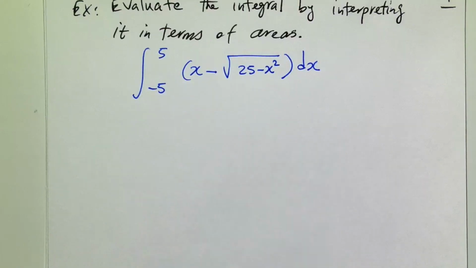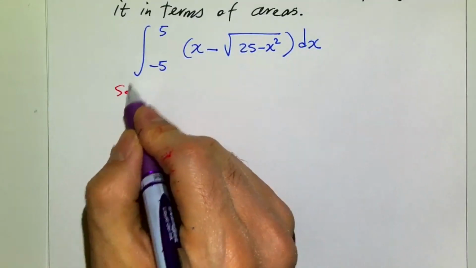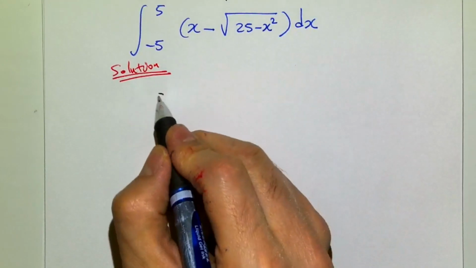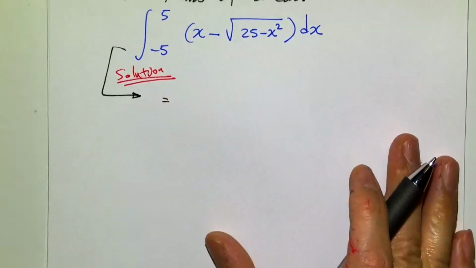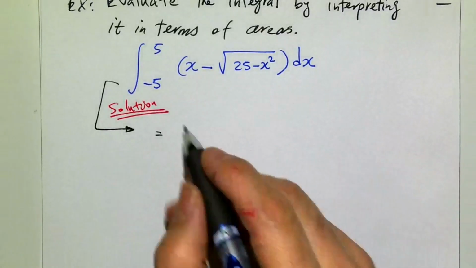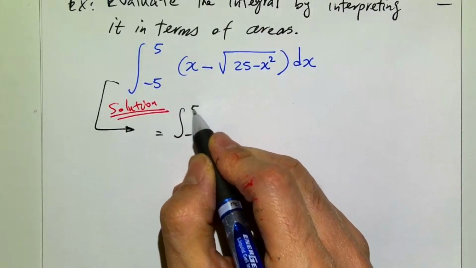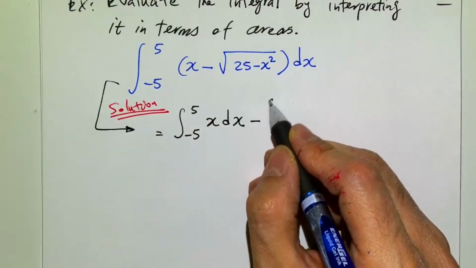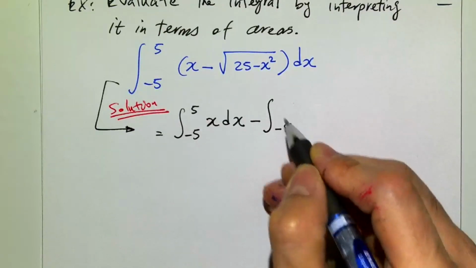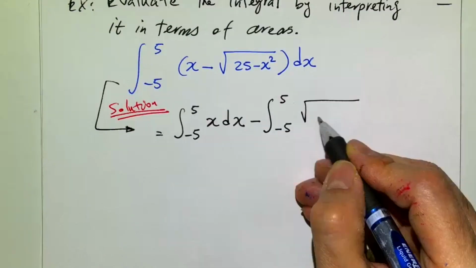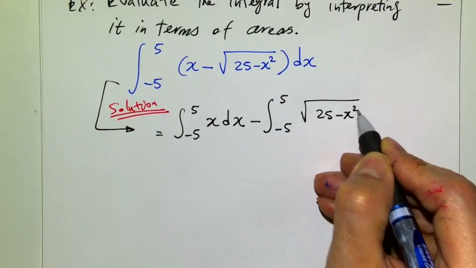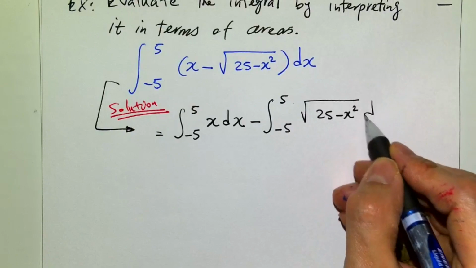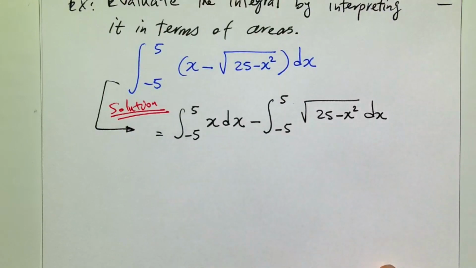Let's separate this using that property of definite integrals. So that is equal to the definite integral from negative 5 to 5 of x dx minus the definite integral from negative 5 to 5 of the square root of 25 minus x squared dx. We can say that using the property.